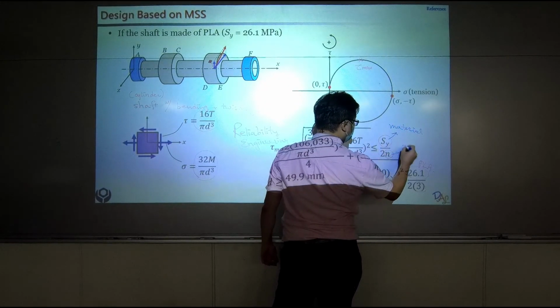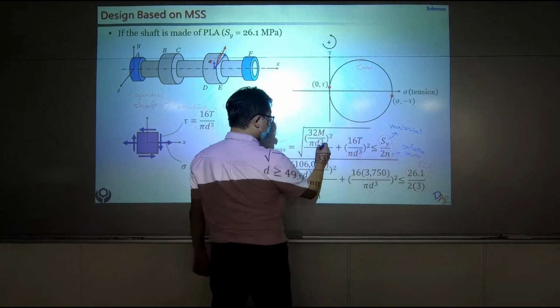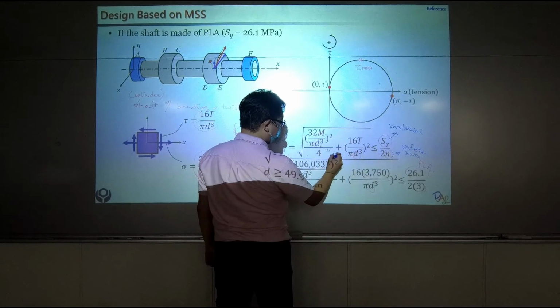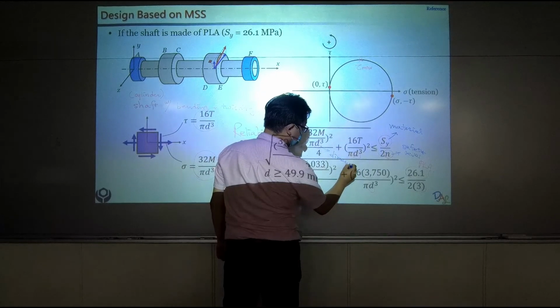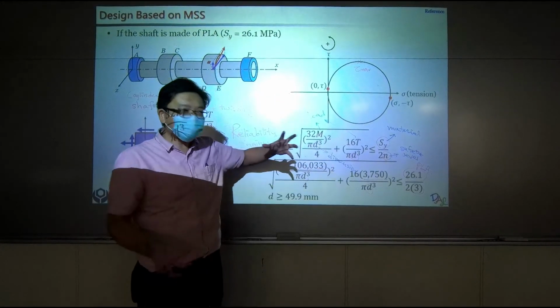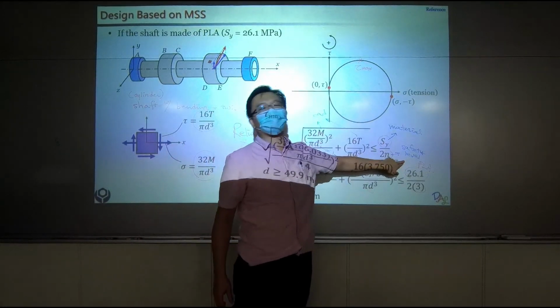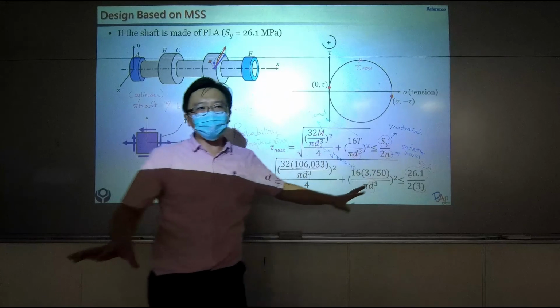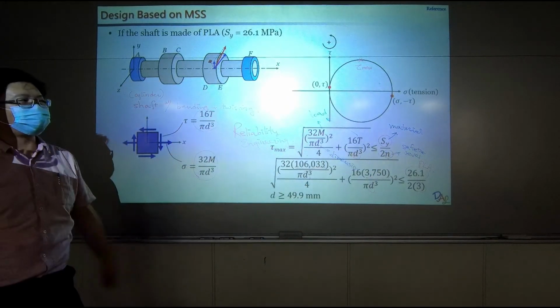This is about safety level. And d is about dimension. How much load we have, what's the geometry, what kind of material we choose, what's the safety level. Always 4 factors. We need to consider all 4.